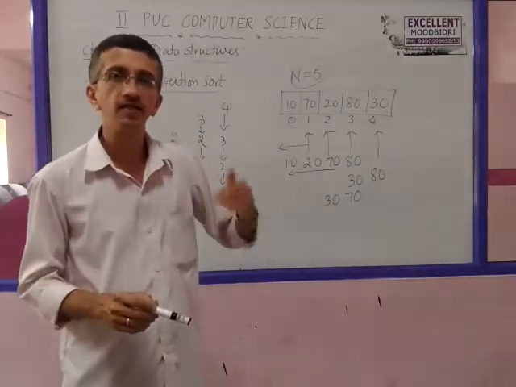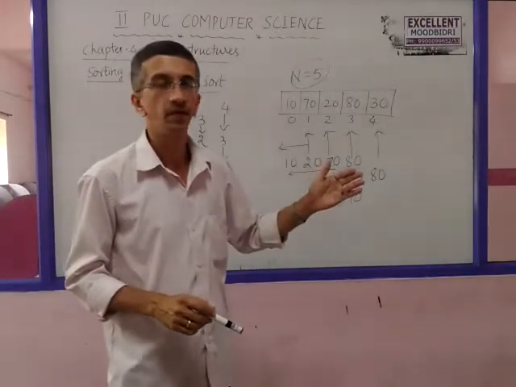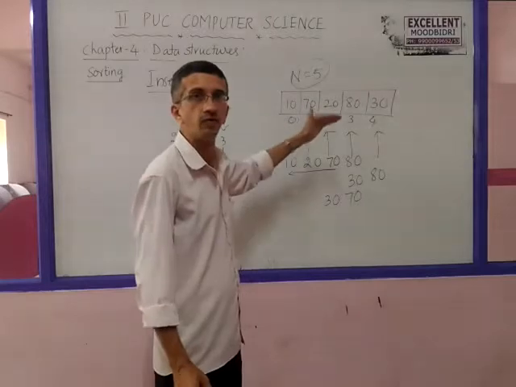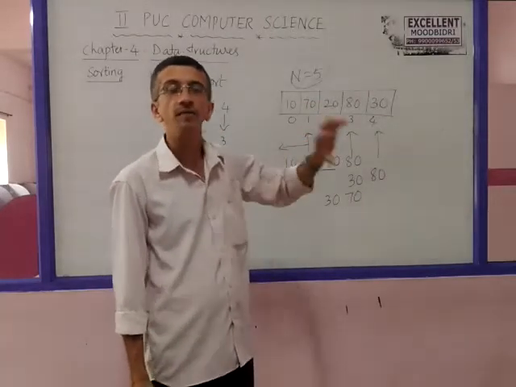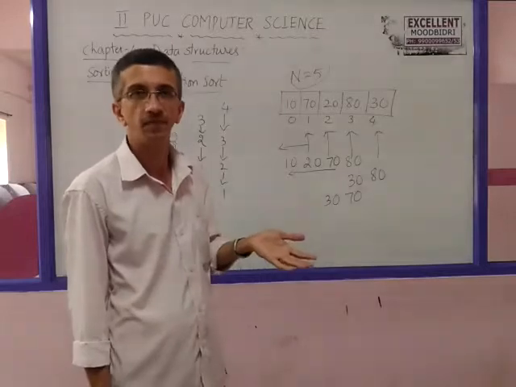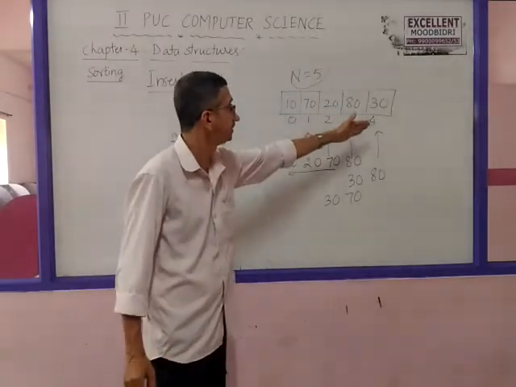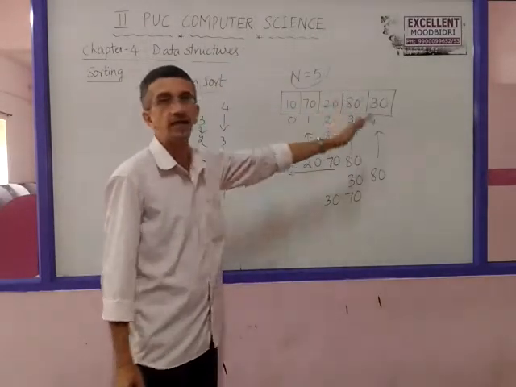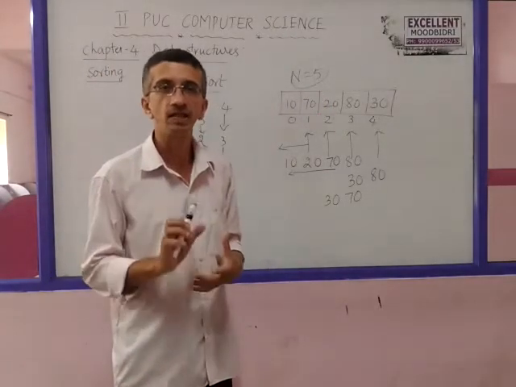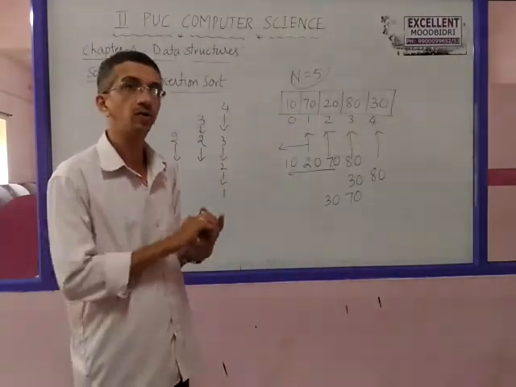So partially the array is getting sorted. When you move from one item to another item, the elements will be sorted in partial amounts. Until we reach the last item, and later we find that it is completely sorted. So insertion sort works according to this algorithm.